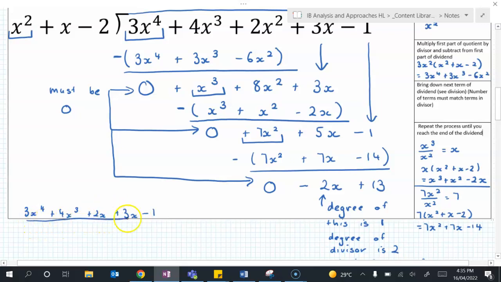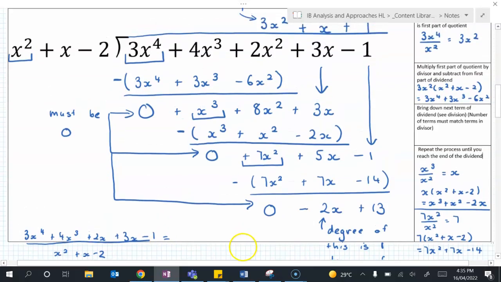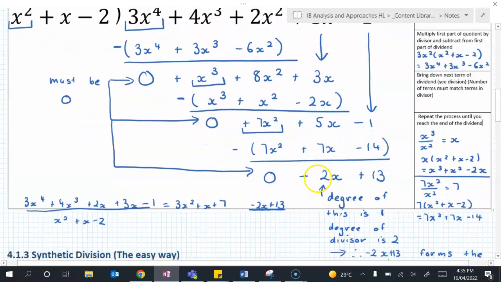We divided that by the quadratic of x squared plus x take 2, and we saw that it equaled 3x squared plus x plus 7 with a remainder of minus 2x plus 13. And if I was to write that in the form of the mixed number, I've got to put my remainder over my divisor, which is x squared plus x take 2. And there's a plus in the middle. That's using mixed number form.